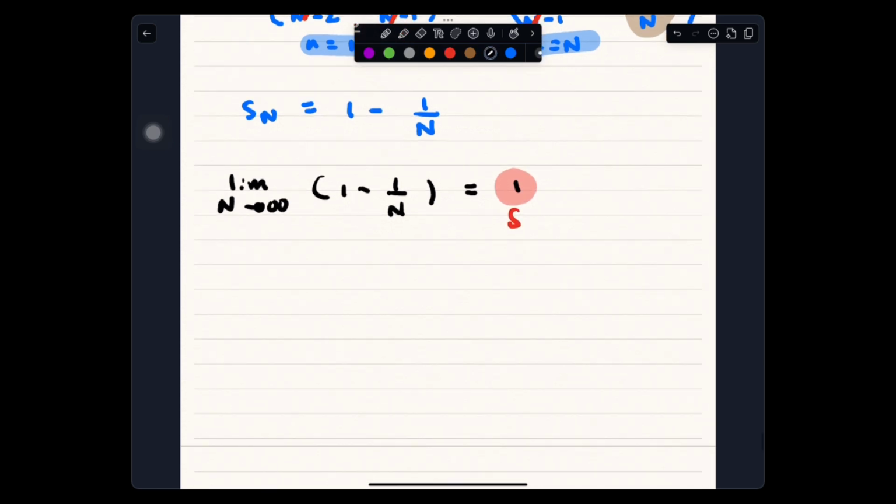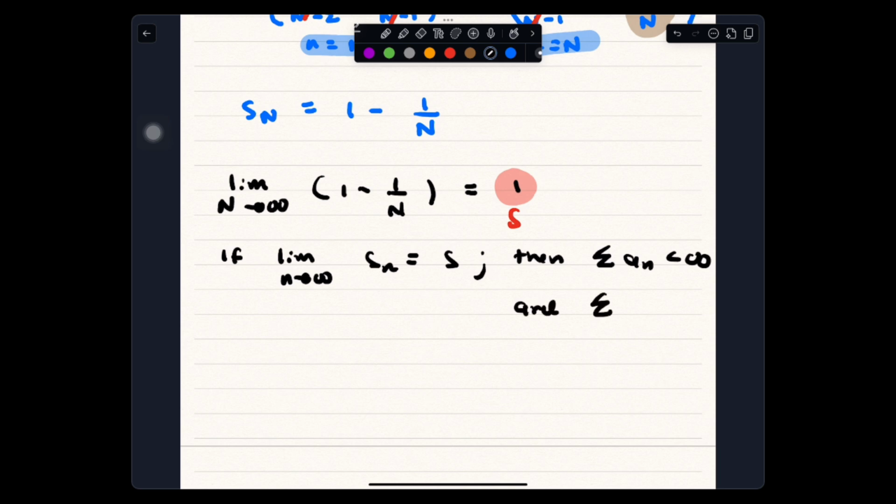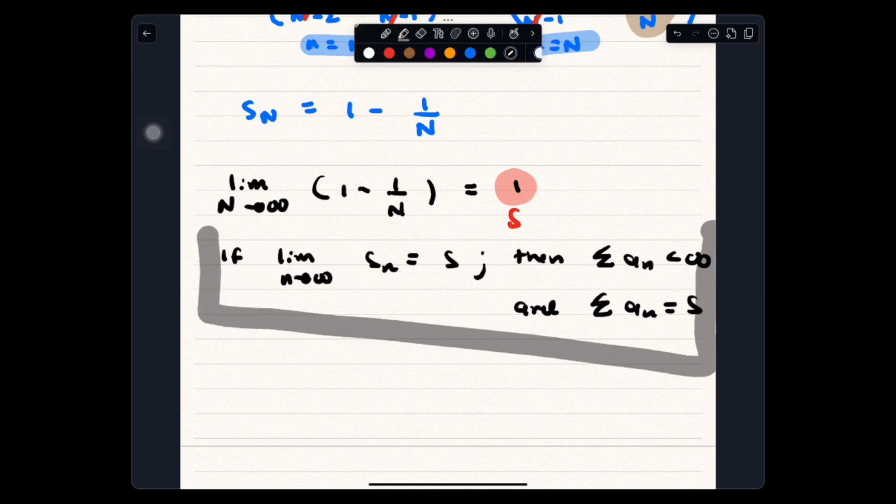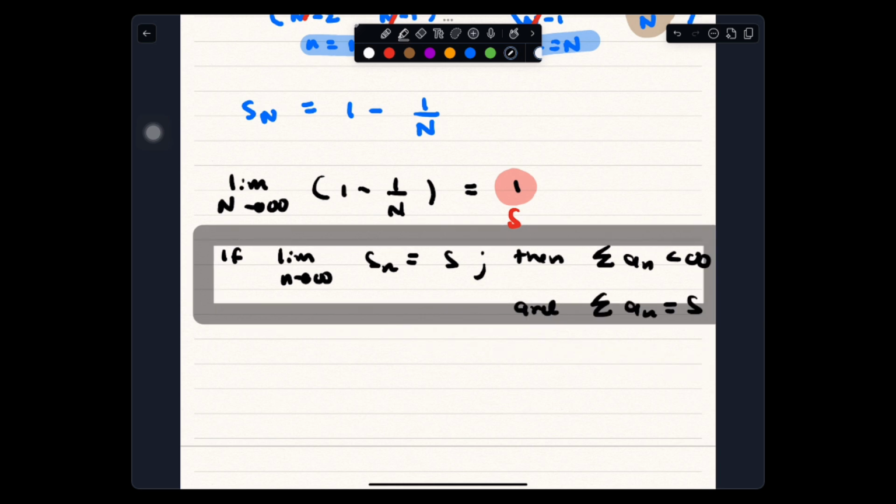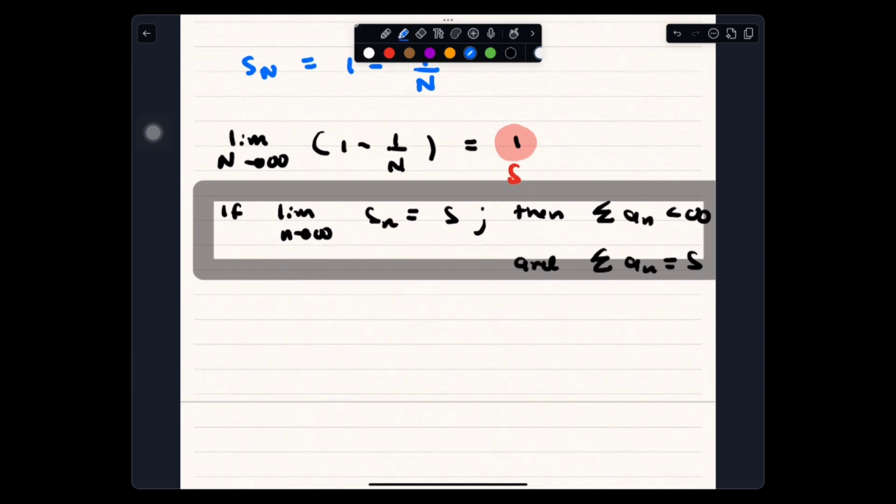In other words, this is that sum, that's S. Remember we gave you that fact? If the limit as n goes to infinity of your sequence of partial sums is some finite value S, then the series converges, and the series is equal to that S. So what we have shown is that the series converges, and it converges to the value 1.